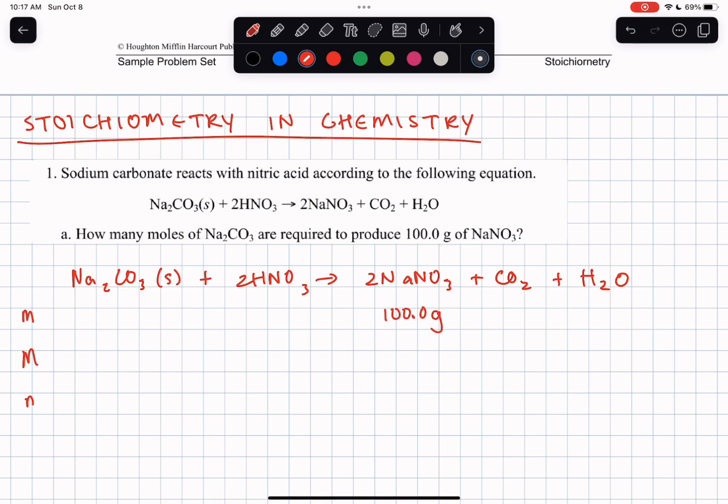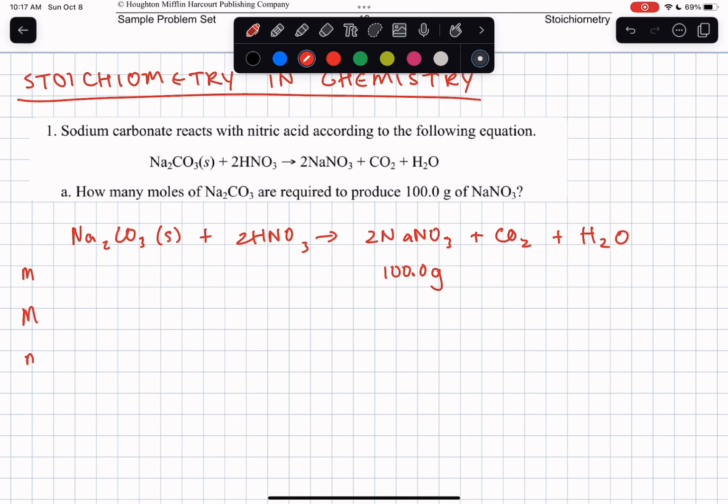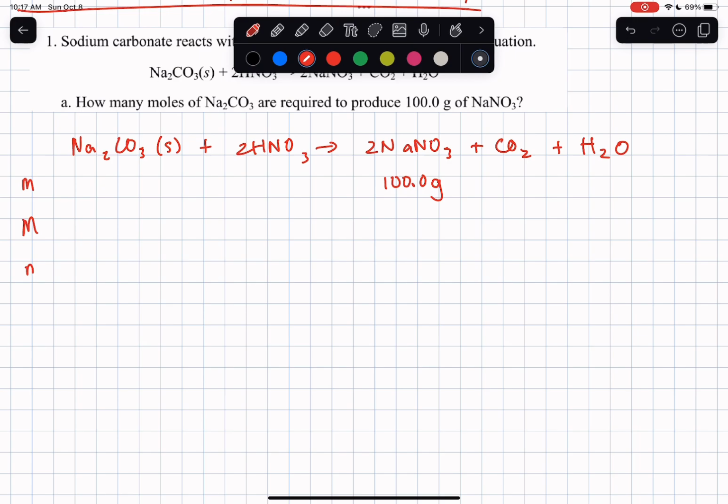Now, next, you can't use this information yet, right? But you can find the molar mass of NaNO3. So on the side, you can just calculate it. Na has 22.99 grams per mole, right? Nitrogen, 14.01 grams per mole.